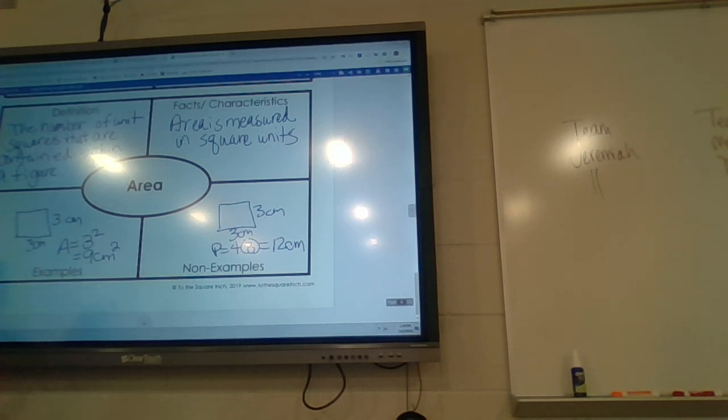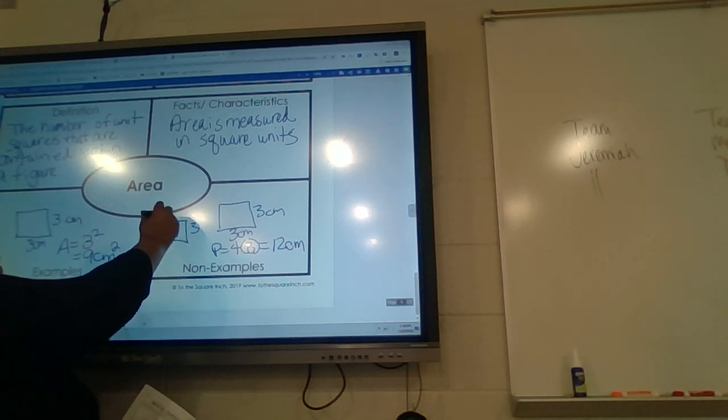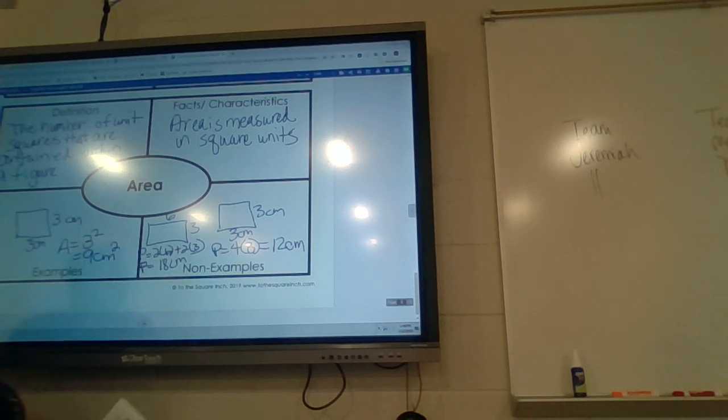Okay then. I can do a rectangle. So this is 3, and this is 6. So the perimeter is 2 times 6 plus 2 times 3. So that's 12 plus 6, 18 centimeters. Those are non-examples. Yep. Perimeter is like how far you have to walk around something. Area is everything inside of it. Perimeter is the edges.